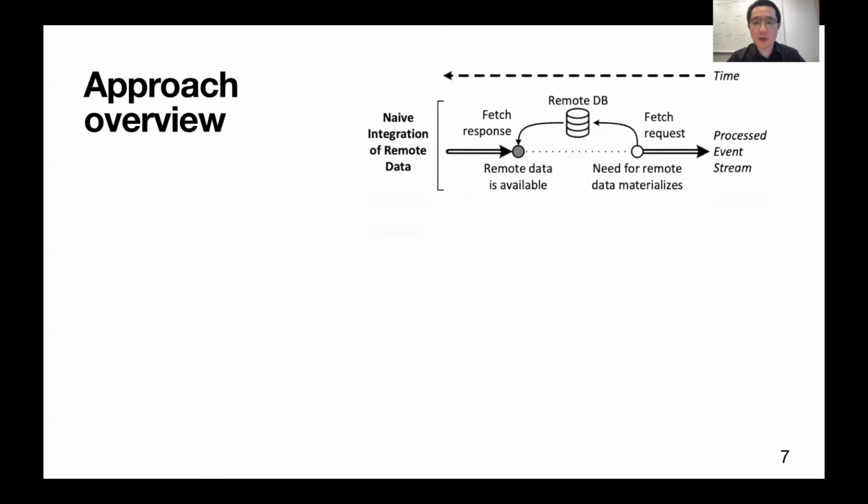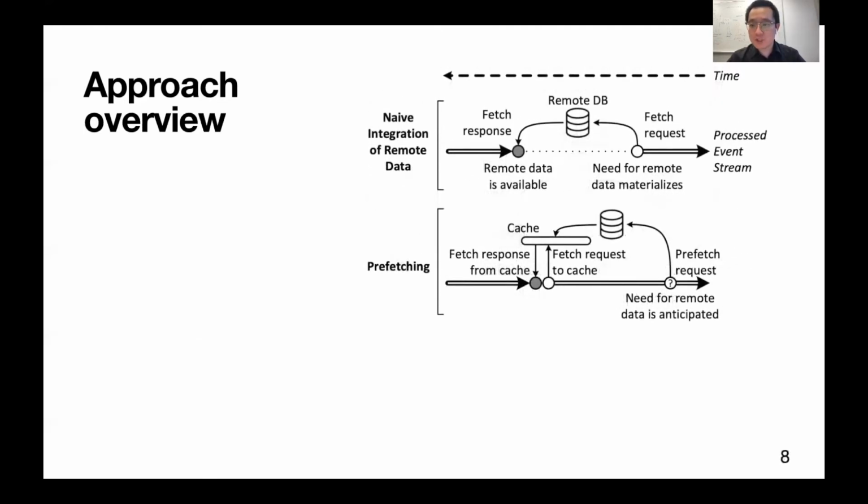To be more specific, prefetching makes predictions about what remote data will be needed in the future and prepares it in a local cache beforehand. So at a later time, when the CEP engine actually needs that remote data, it can directly fetch it from the local cache instead of remote databases, therefore hiding the remote data transmission latency.